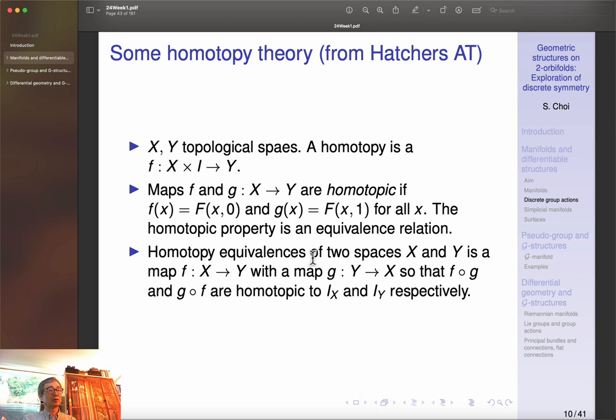And a homotopy equivalence of two spaces is a map F from X to Y and a map G from Y to X, so that F circle G and G circle F are homotopic to the identity on Y and the identity on X. This is a way to reduce the study of topological spaces up to homotopy, in the hope that it will be simpler.